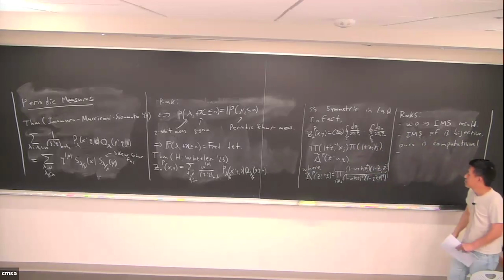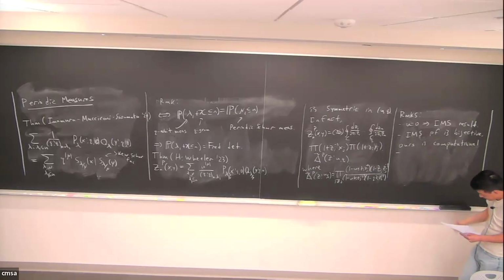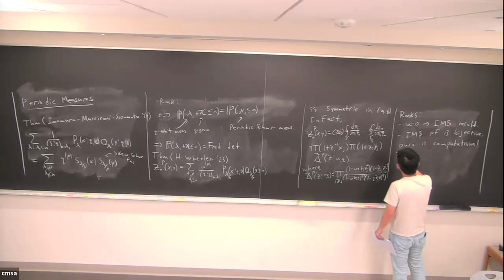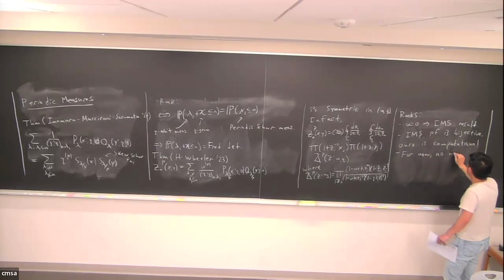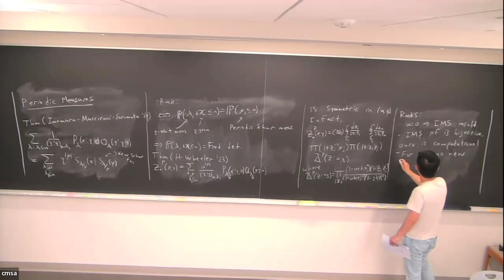And finally, and this is maybe one of the things that I've been thinking about. So for now, there doesn't seem to be any new kind of probabilistic consequences.